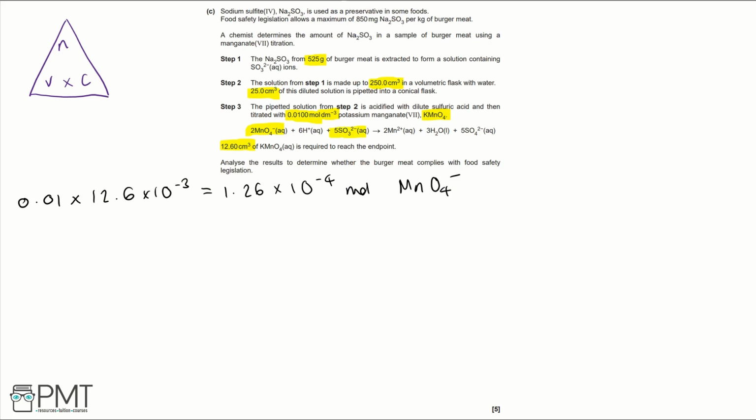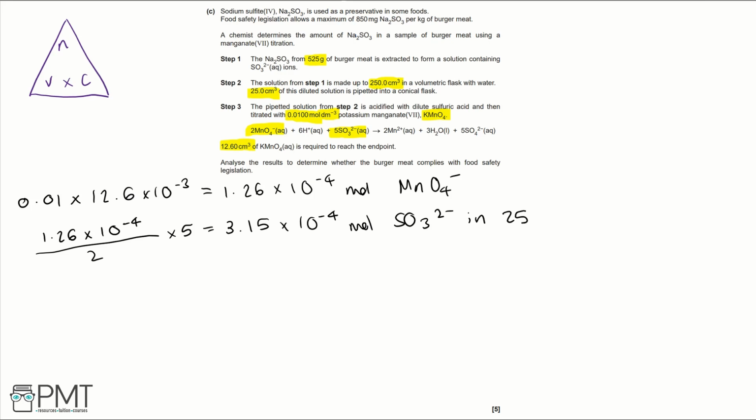So to get the moles of sulfite ions, we need to do 1.26 times 10 to the -4, then divide by 2 and times by 5, which equals 3.15 times 10 to the -4 moles of the sulfite ions, so SO3 2- in 25 centimeters cubed.